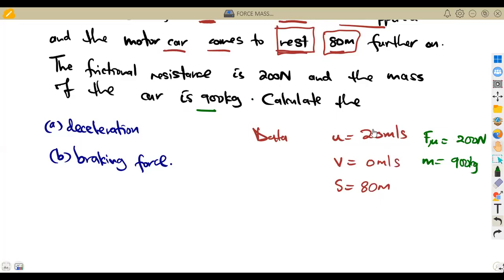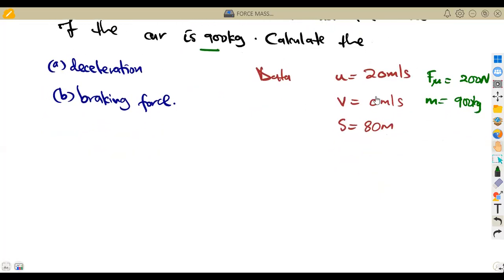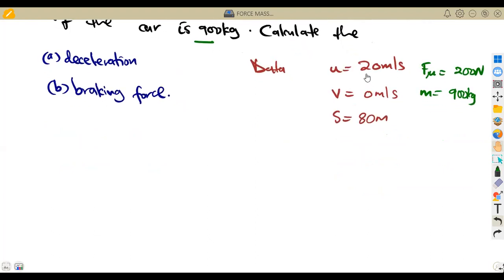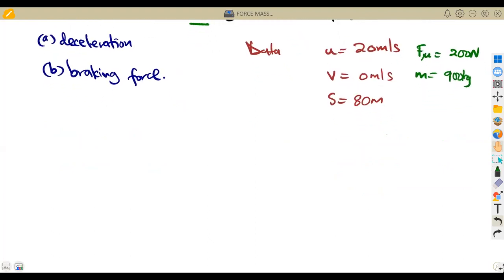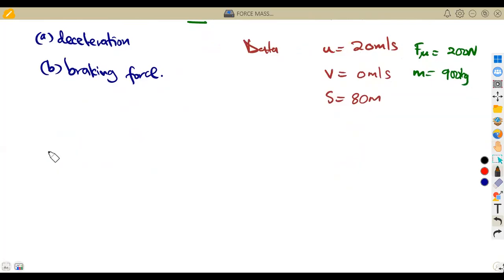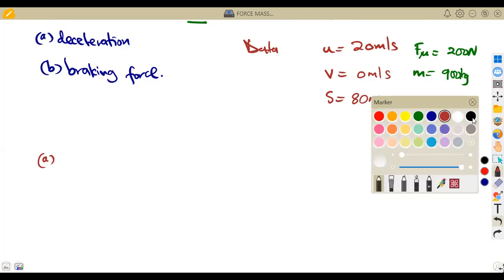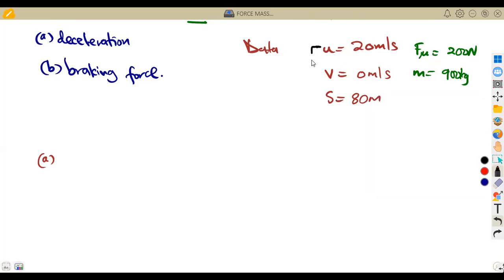Calculate the deceleration. So the first question is to calculate the deceleration. With this information, how can we calculate the deceleration? The moment we are talking about deceleration, we can go back to our linear motion laws, the formulas, because here we've got U, V, and S. So this part here can give us the deceleration.